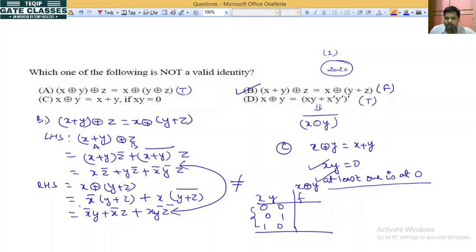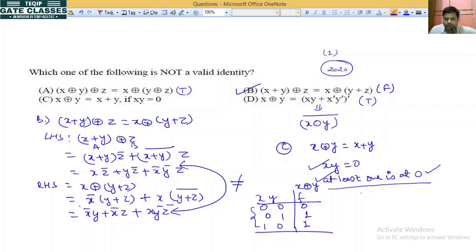Because XY is given as 0, what will be the output of XOR gate? Both are 0, output 0; both are 1, output 1.